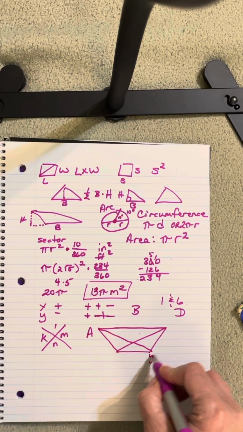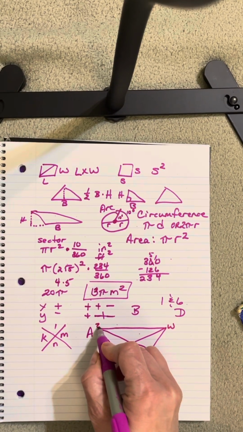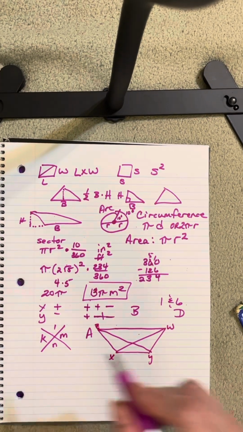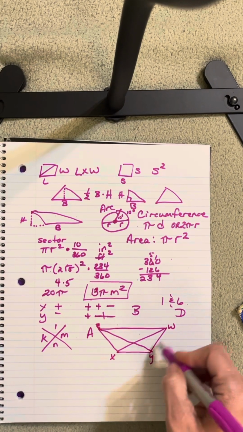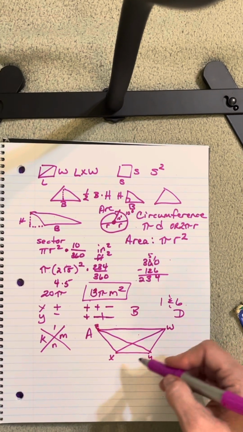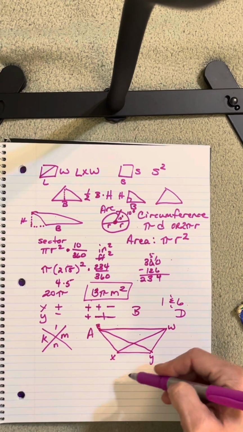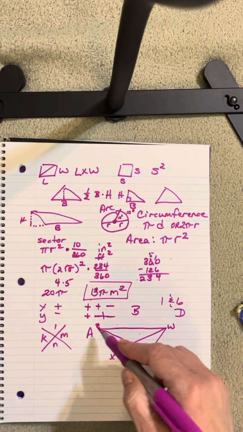This is the Y, W, X, and the Z. And it wants us to compare WXY, okay, so this bottom one, compare to ZXY, this bottom one. So we're comparing this bottom one to this bottom one.